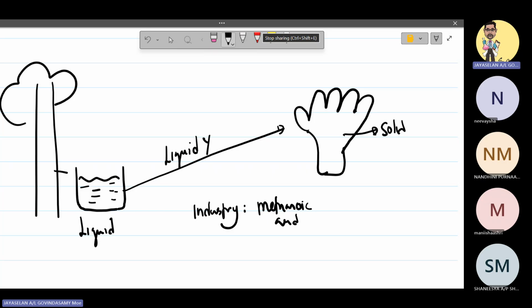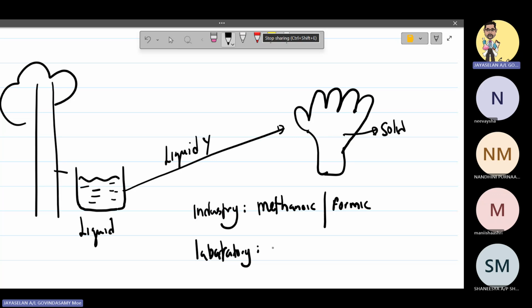Sometimes you need to remember another name also. Sometimes in the exam, they won't give you methanoic acid, they give you the common name. What is the common name of methanoic acid? Formic acid. In the laboratory, you cannot use methanoic acid because bau dia sangat busuk and it can produce unpleasant smell.